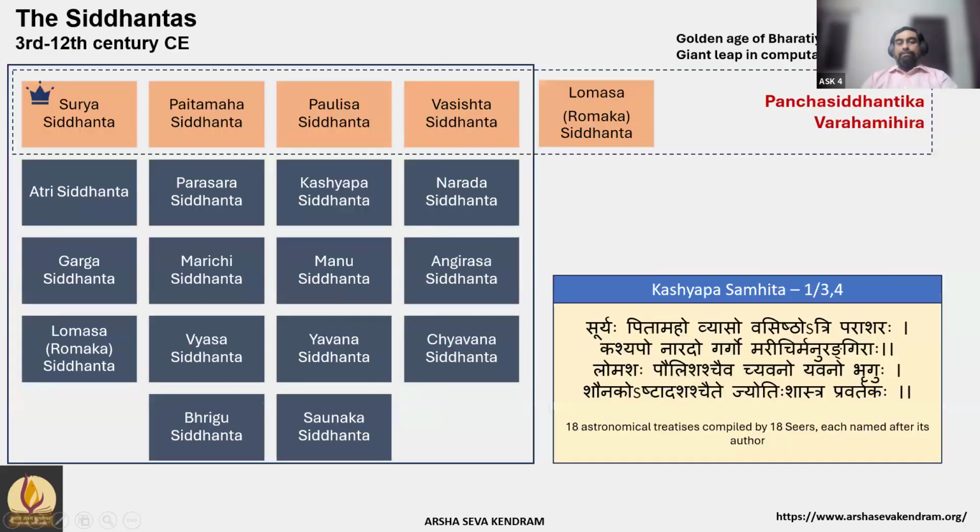Just to wrap this up: after Vedanga Jyotisha, we are moving to the Siddhanta era in astronomy. We can conveniently call it the golden age of Bharatiya astronomy because, from the Yajna being the main factor behind the development of Vedanga Jyotisha, we are now achieving a quantum leap in our computational capabilities.